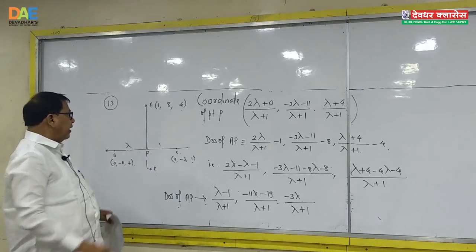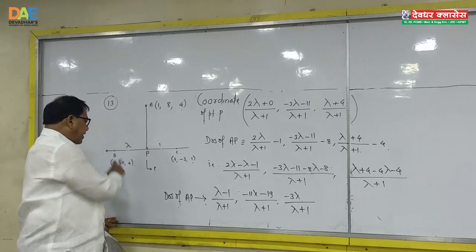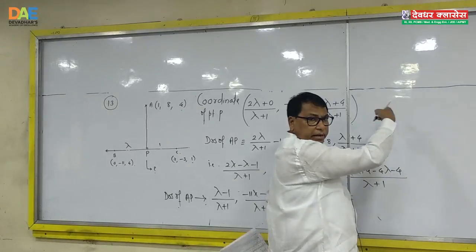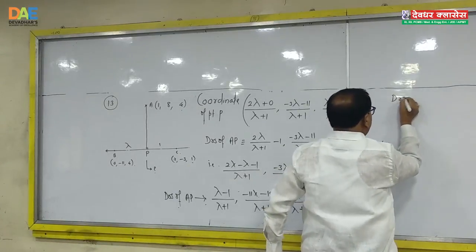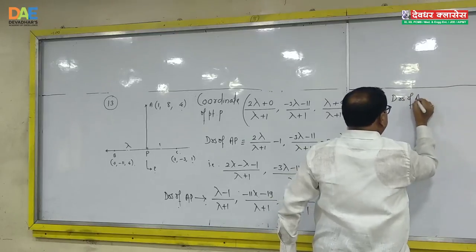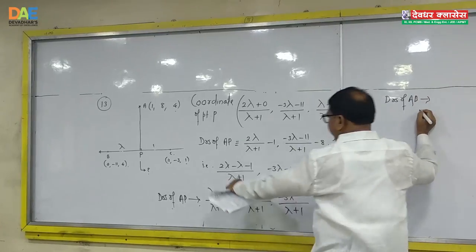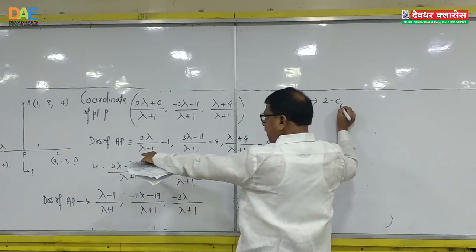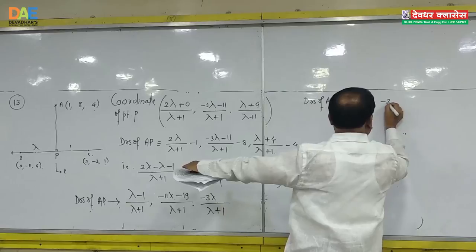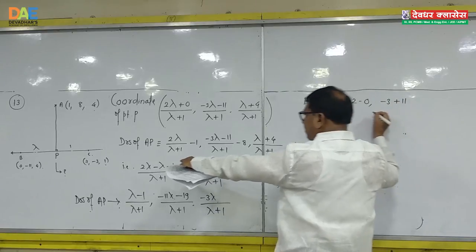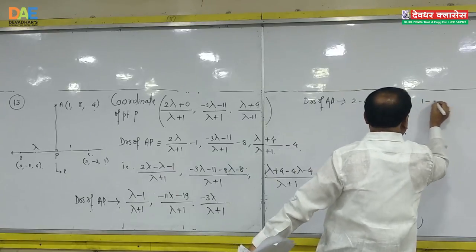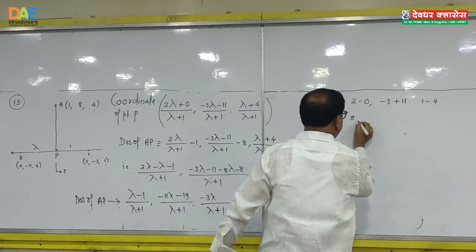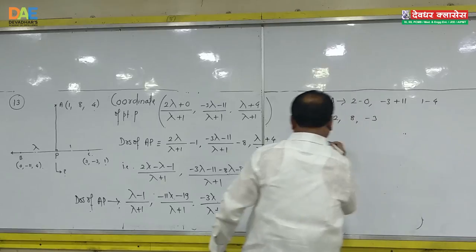Now, what is the DRs of BC? We can find it first. DRs of BC: 2 minus 0, minus 3 plus 11, and 1 minus 4, so that is 2, 8, -3.